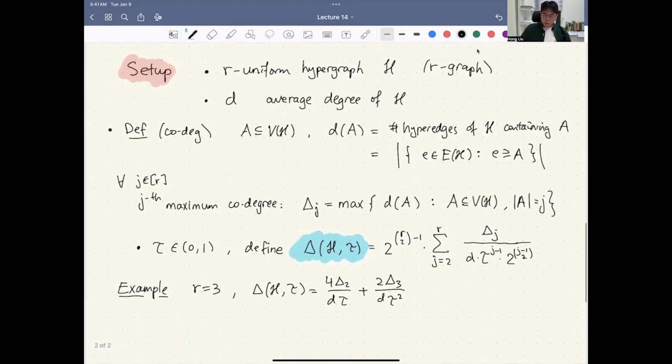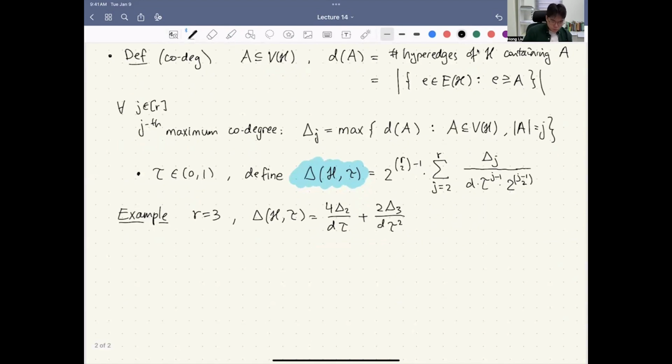Now here comes the hypergraph container theorem, one of those versions. We are given H, an r-graph with average degree d.